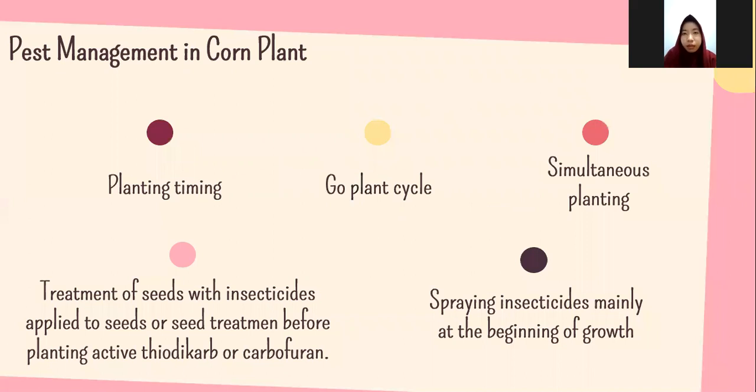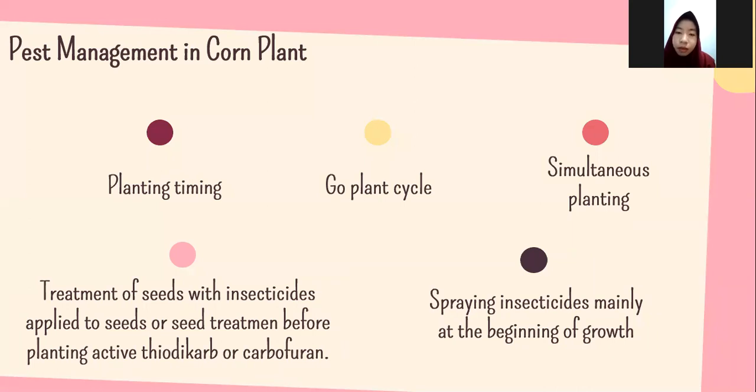And next, pest control in corn plant. Number 1, planting timing. Number 2, good plant cycle. And number 3, simultaneous planting.